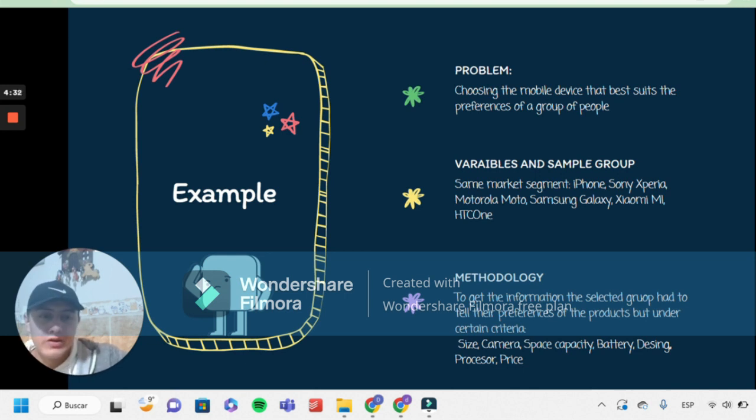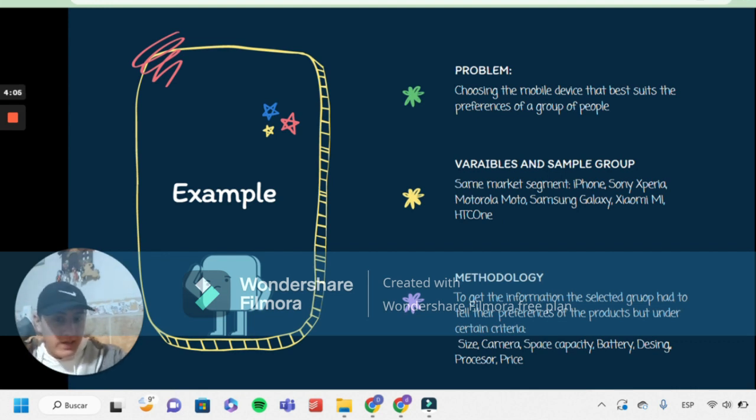In this case, we're going to have iPhone, Sony, Motorola, Samsung, Xiaomi, and HTC. For the methodology, we're going to get the information from the select group, and they are going to tell us their preferences of each product to understand what they want, but we're going to have certain criteria.